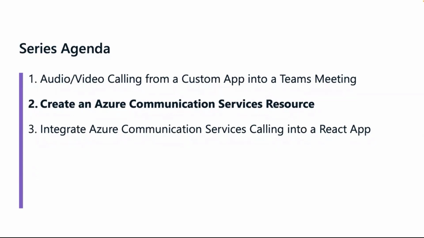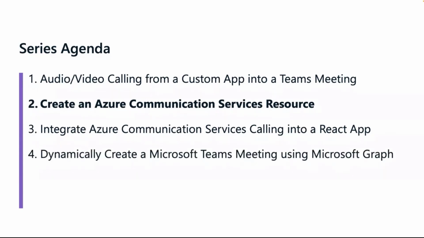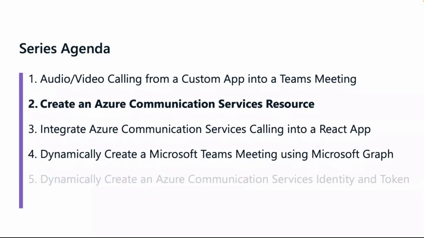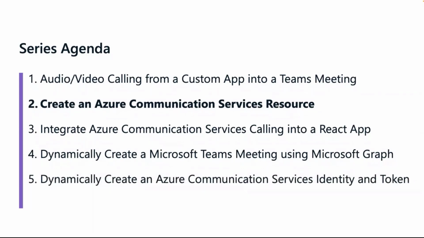Aicha will join us to talk about Azure Functions and how we can dynamically use Microsoft Graph there to set up a meeting for this type of scenario. She'll also talk about Azure Functions and getting tokens to ACS, because there is a user identity and a token you need, and you're going to see that today, actually. Then I'll be back to wrap up with some deployment options to Azure.